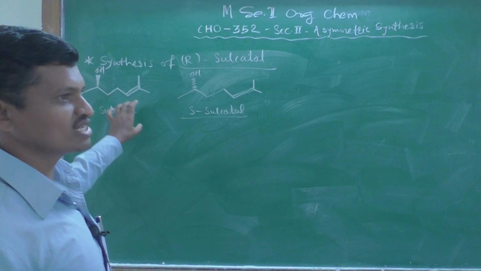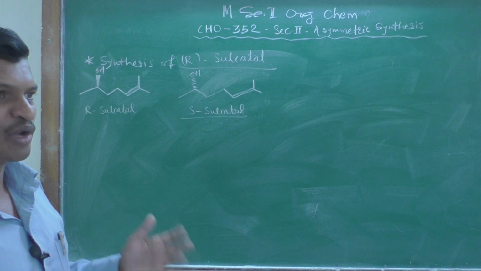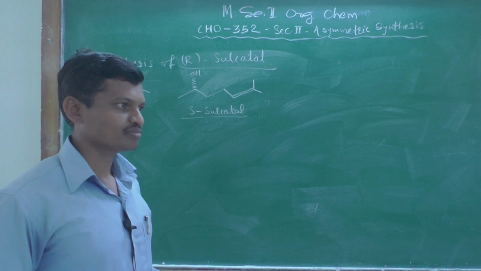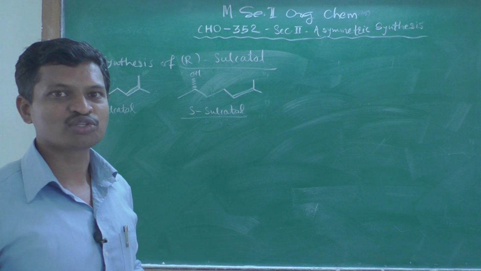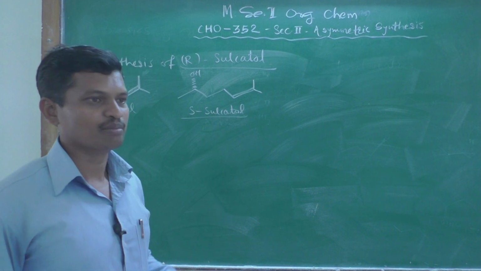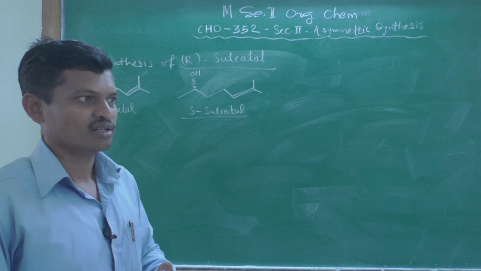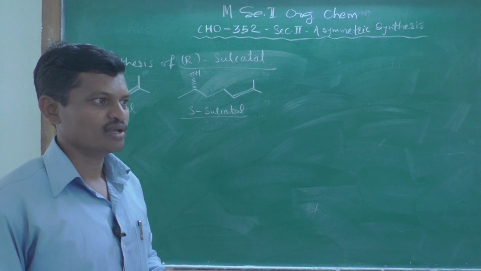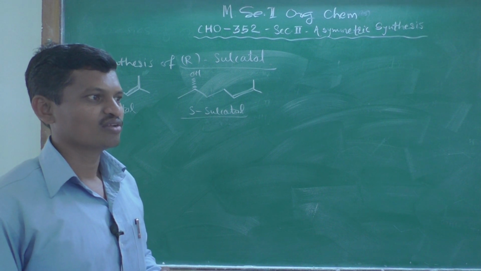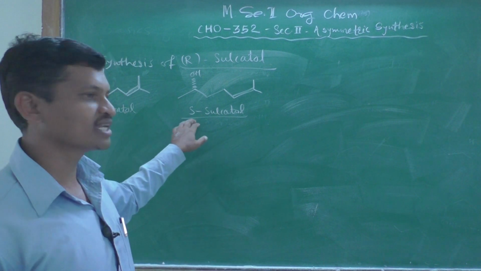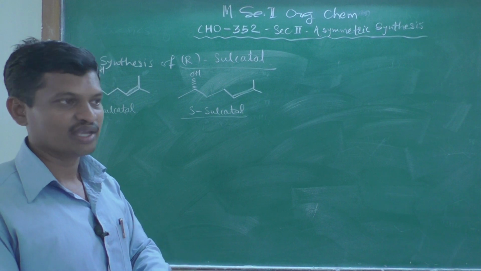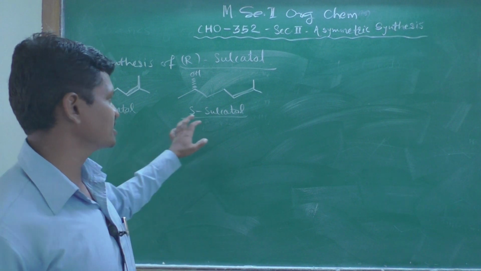R-sulcatol is a naturally occurring pheromone, and R-sulcatol and S-sulcatol are present in a 65 to 35% mixture in that pheromone. So our target is to synthesize R-sulcatol and S-sulcatol separately.